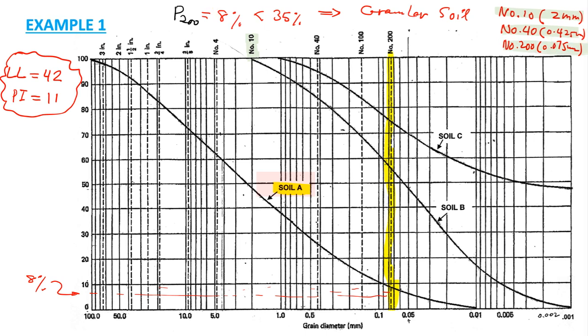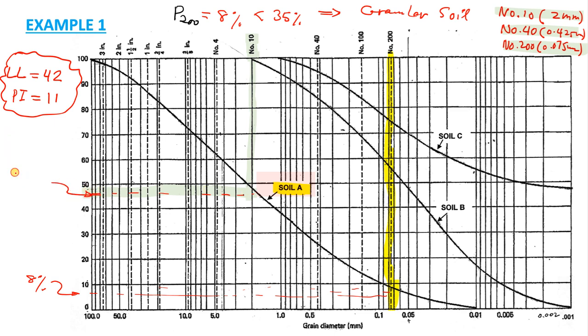Now we are going to draw a line at number 10. We go down like this, and then from there we go horizontal and see what this value is.